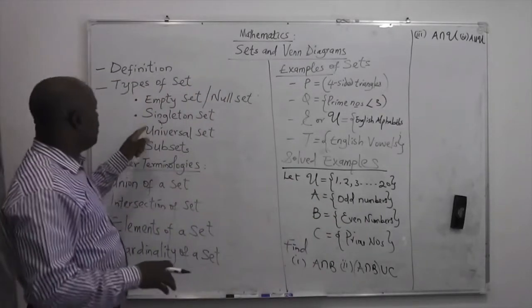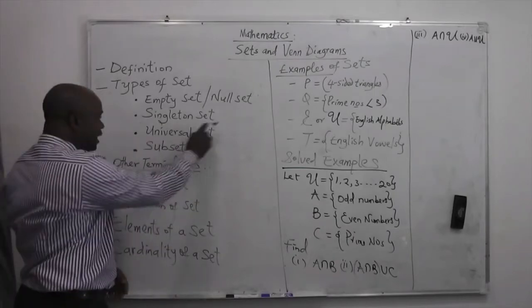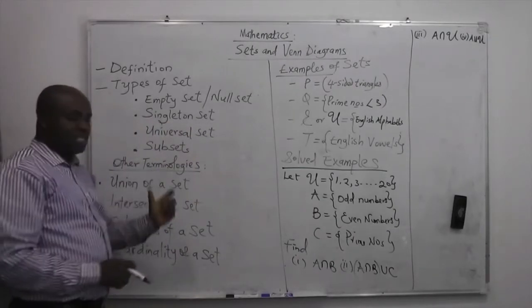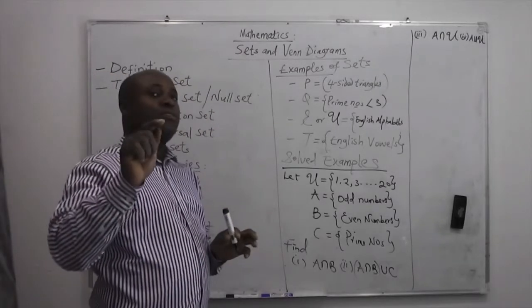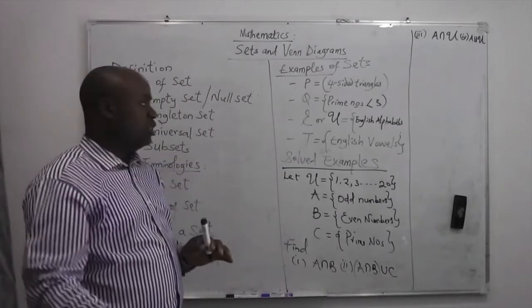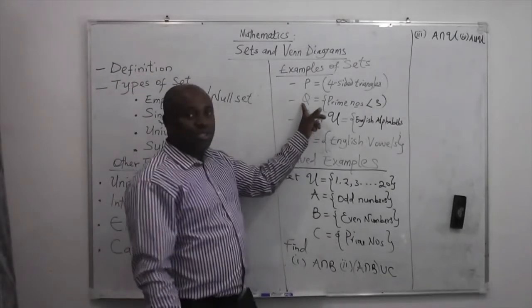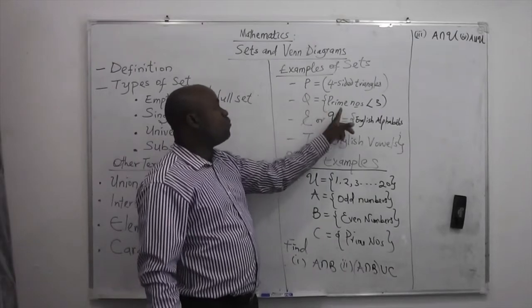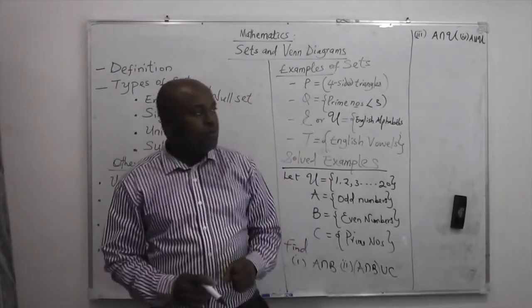Then we'll come to another set, the singleton set. Singleton is from the word single. When you say a set is a singleton set, it means the set has only one entry, a single element inside. An example is Q equal to set of prime numbers less than 3. First, what is a prime number?